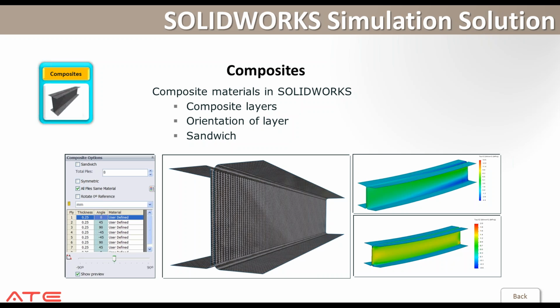It enables calculation of certain things in composite packages. A typical case can be an FRP tank, a fiber reinforced plastic tank. That would be the best place to use composites to calculate the FRP tank's durability and stress.